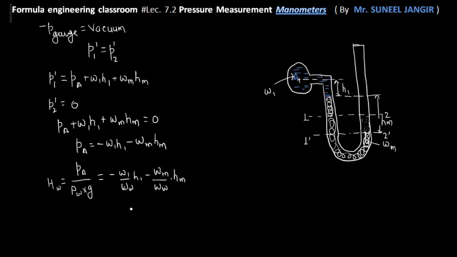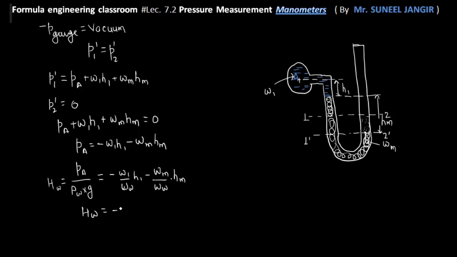So HW will be equal to, the specific weight of some unknown fluid divided by the specific weight of a standard fluid, that is water here, which is the specific gravity of the fluid in this pipe or container.